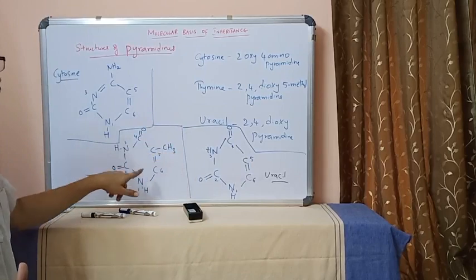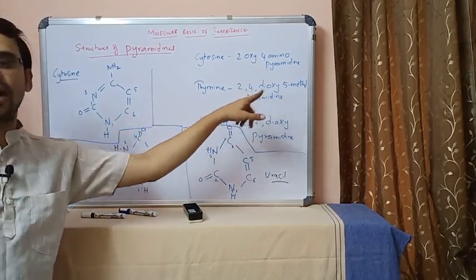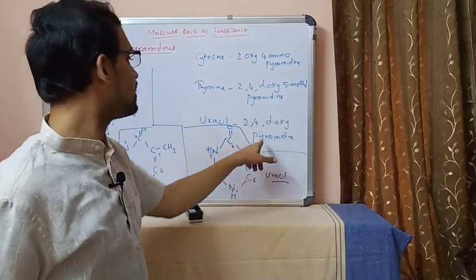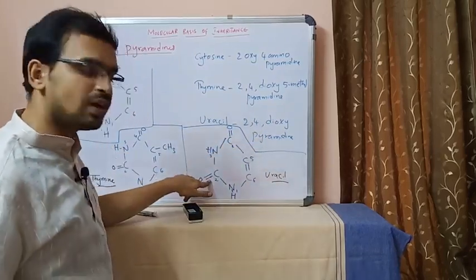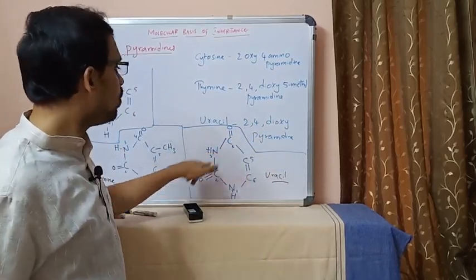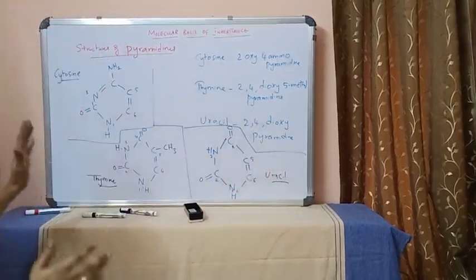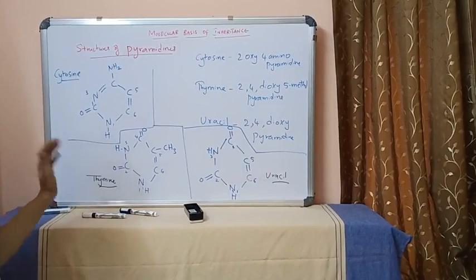Then it is called 2,4-dioxy-5-methyl-pyrimidine, which is nothing but thiamine. Uracil, 2,4-dioxy-pyrimidine. The second position and the fourth position, 2 oxygen atoms are there in case of uracil. So these are the structures of pyrimidines.